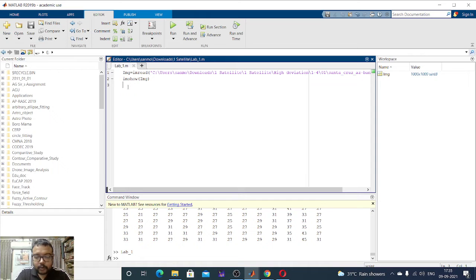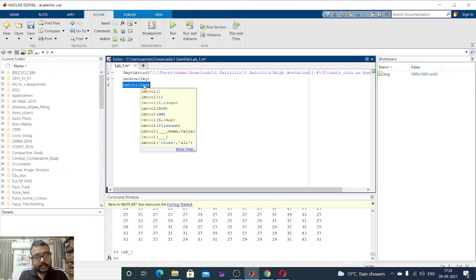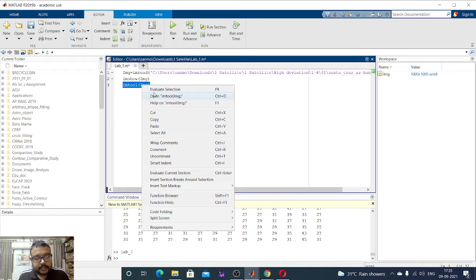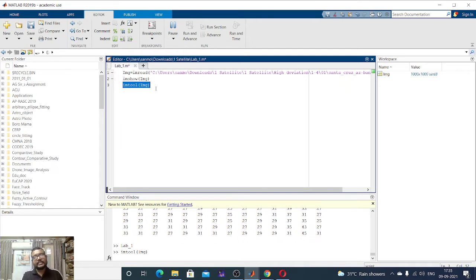There is one tool in MATLAB, imtool, right? Here you write the image and just evaluate the selection.